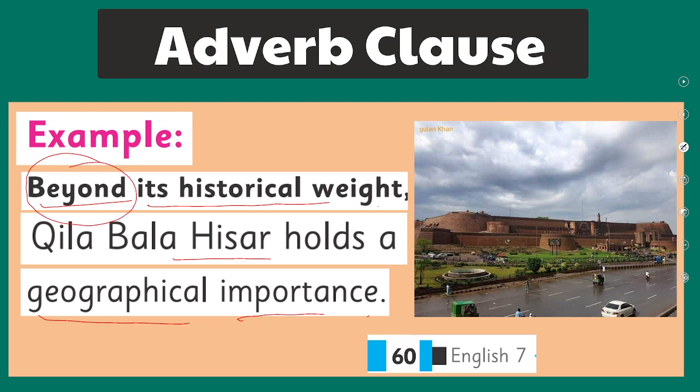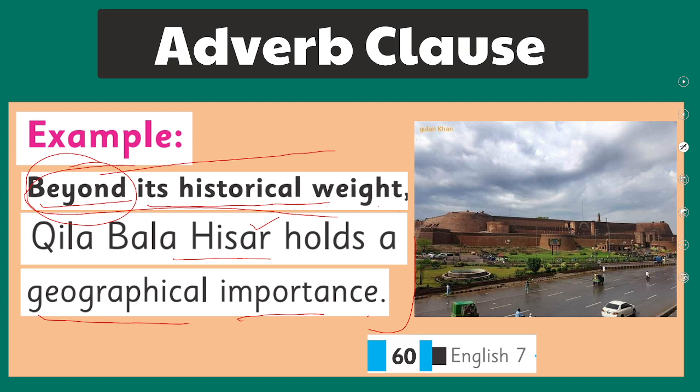This is a conjunction, and this is a subordinating conjunction because we are having a subordinating clause. Why is it called a subordinating clause? Because if you read it, beyond its historical weight, this is incomplete. We require more information. We want more information to add. So that's why we link it with our independent clause.